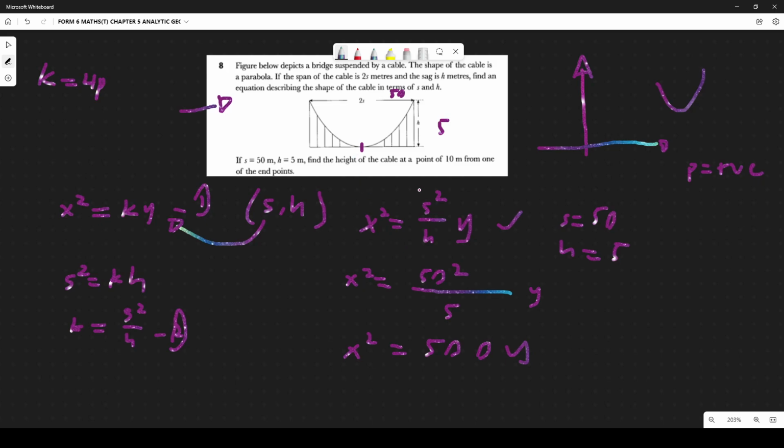The second part of the question is to find the height of the cable at a point from one of the endpoints. So are they asking for the sag, or are they asking for just this? They're asking just that.